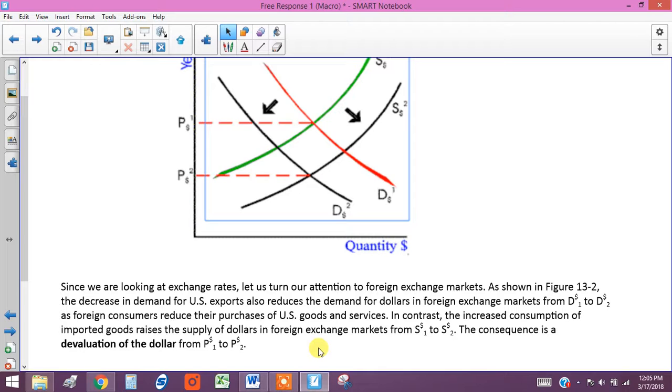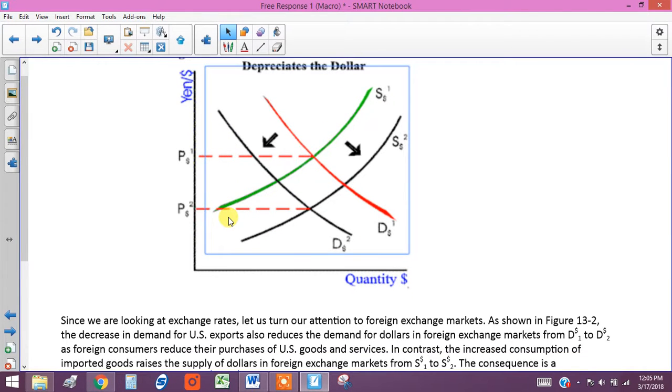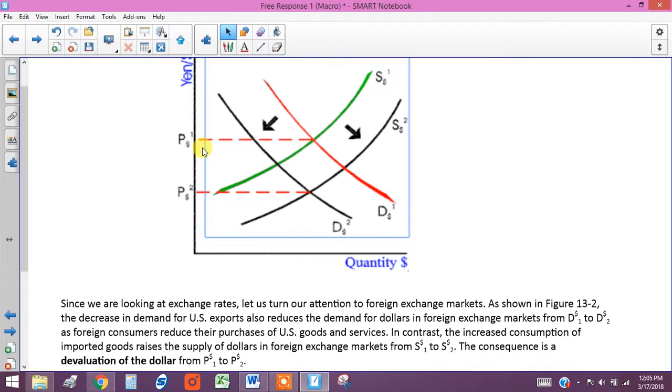We're going to be using dollars to exchange for yen to buy Japanese stuff because it's cheaper than our stuff is. So that's going to put more dollars into the foreign market, shift the supply of dollars to the right, which drives the price of dollars, or the relative value of dollars, in this case relative to the yen, down.